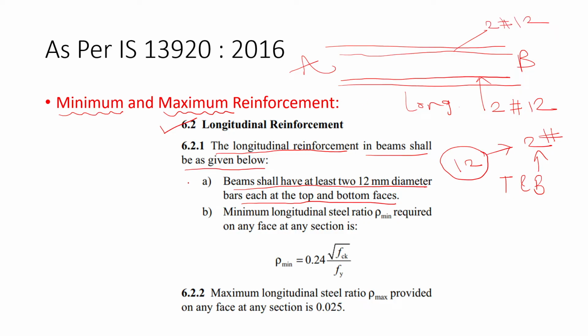Now the second condition: the minimum longitudinal steel ratio, P minimum, required on any face at any section.